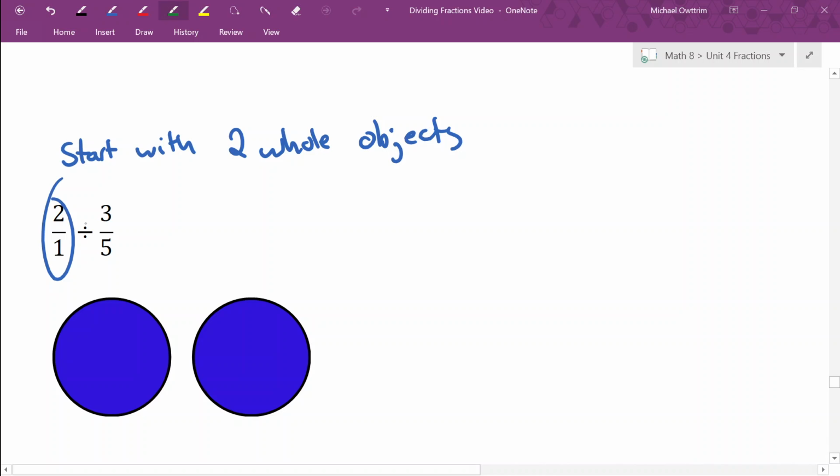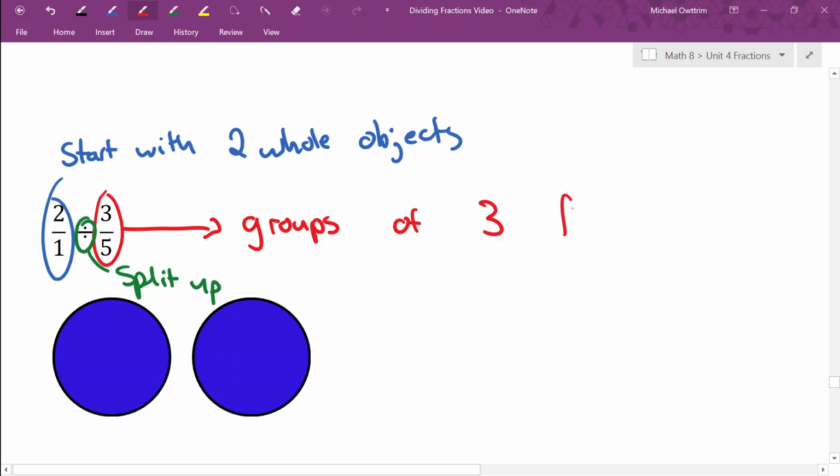Now what I need to do here is split these up, now it's my divide sign, into groups of 3/5. Remember, the bottom number is only going to tell us the shape of my objects, not how many of them they are. I want the number in my groups to be 3 of those objects.